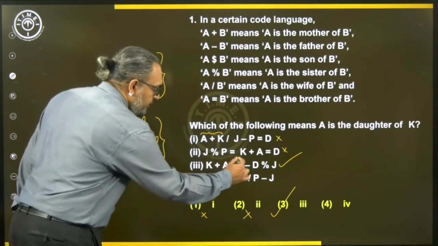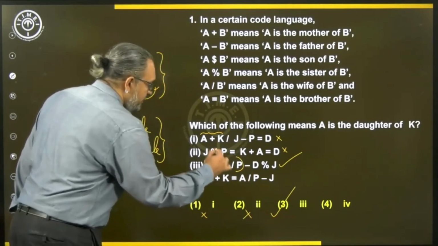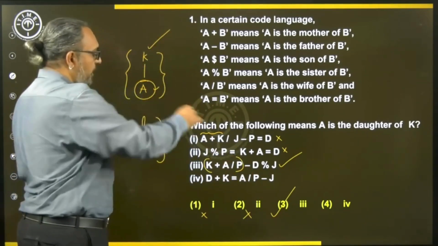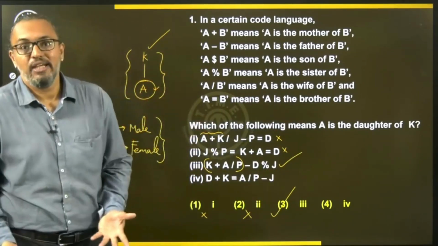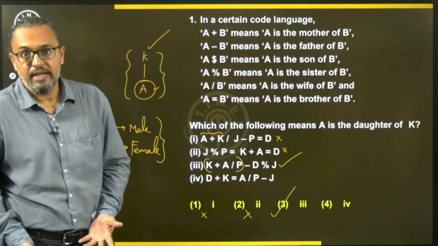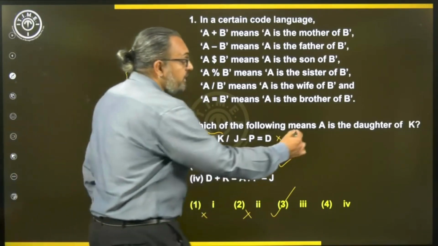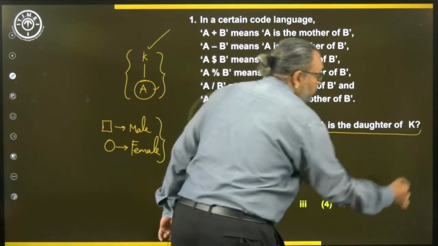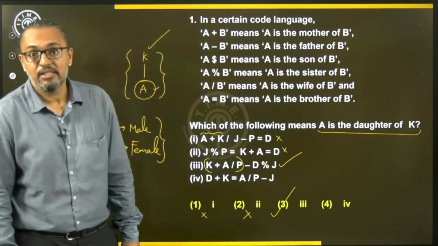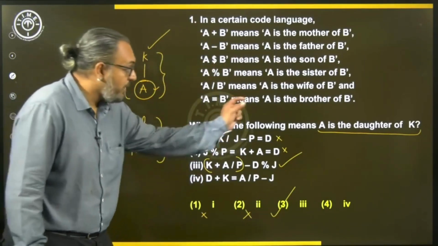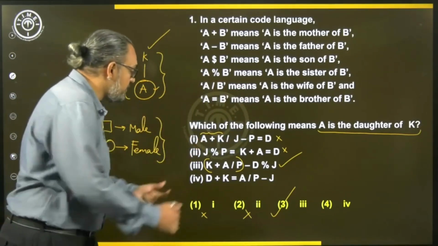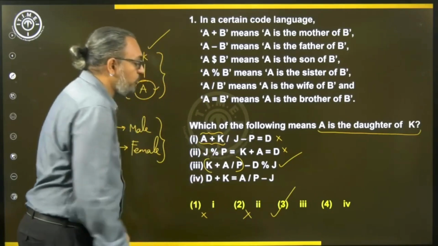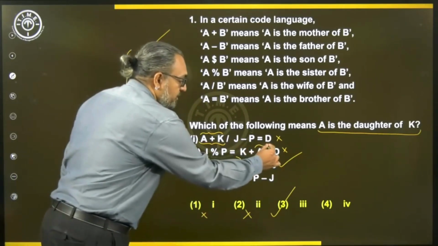You can work only up until here to decide what the relation is, and you don't have to completely work out everything and then check. Are you understanding the point? See what relation is asked in the question, and based on that see who is a male or a female, and then see what I can do to answer that.